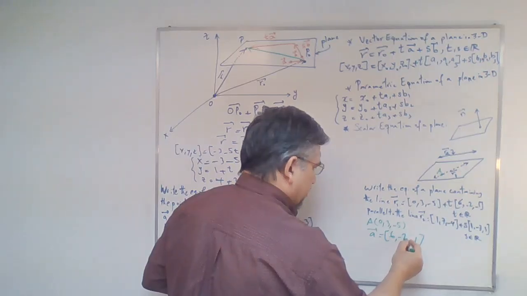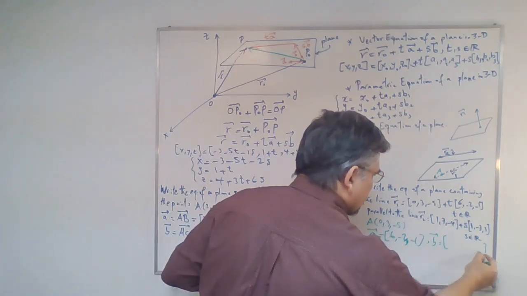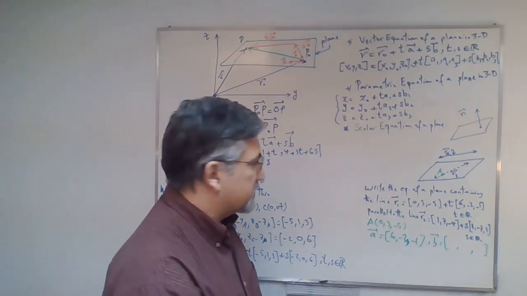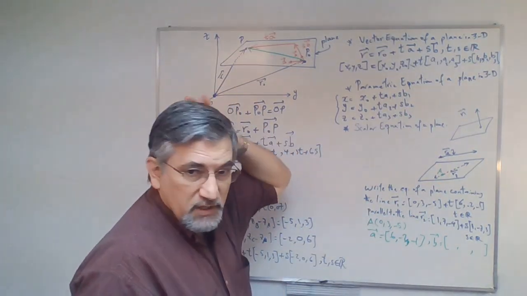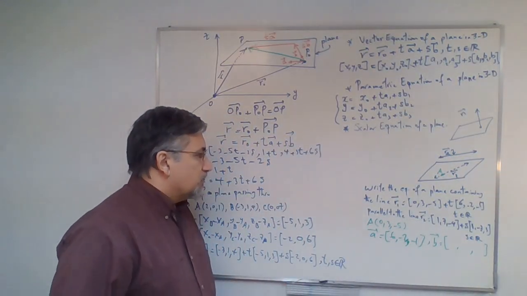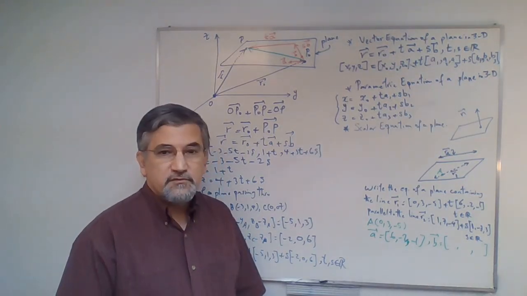So this is one direction vector. I need a second direction vector. If I find this second direction vector, then like before, I can write the equation. So the question is, how can we find this second vector? This is the question we have to answer.